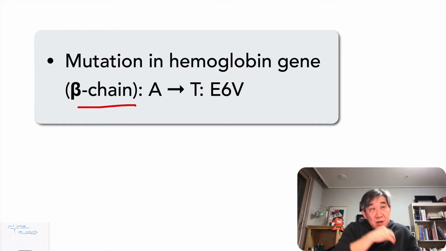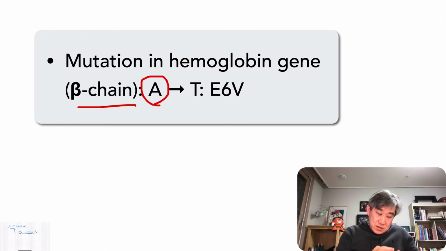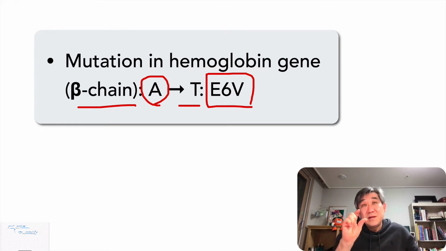At the early part of the polypeptide, the nucleotide adenine has been substituted to thymine, and unfortunately, while a lot of times such a single nucleotide conversion could be tolerated by signifying the same redundant codon, in this case it gives a totally different amino acid. So E6V is one convenient way of describing the nature of this mutation.